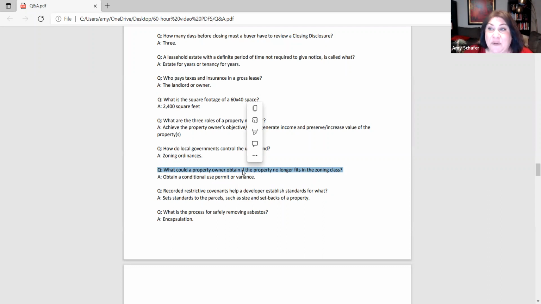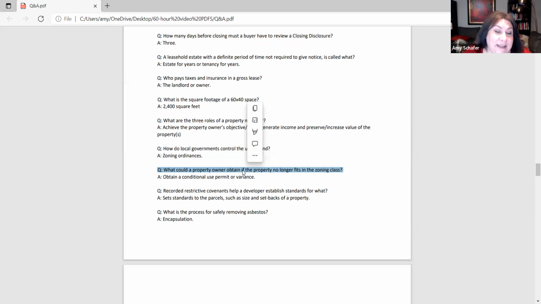It's also used if you want to apply to maybe build a worship center on an ag zoned piece of property. Restrictive covenants. This sets a standard by a developer and a homeowners association for how the property is used and maybe even the architecture and how you can use your property. It would maybe address pets.